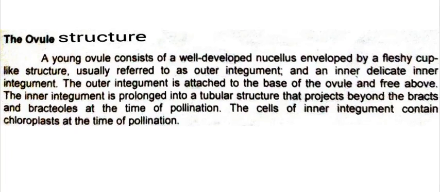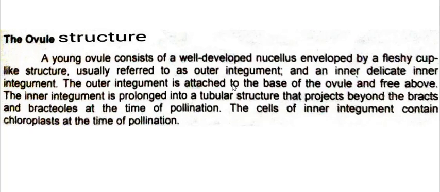Now we see what is the structure of the ovule. A young ovule consists of well-developed central parenchymatous tissue which is known as nucellus, and this nucellus is enveloped by a fleshy cup-like structure usually known as the outer integument, and on the inner side of this, an inner integument is present which is delicate.